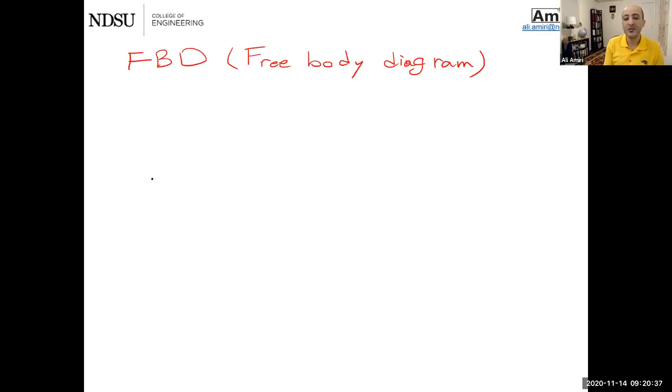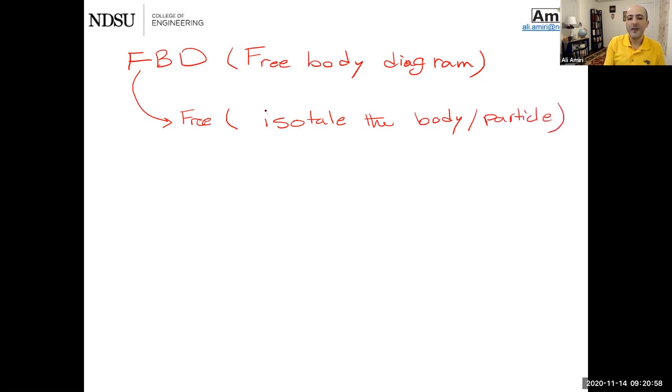If you follow these 3 steps, you can draw a free body diagram of anything without any problem. Step 1 comes from the word free. So step 1 is to isolate the body, whatever it is. Could be a rigid body, could be a particle, doesn't matter. That means remove all supports, constraints, all of that. Remove everything. Okay? Step 1.